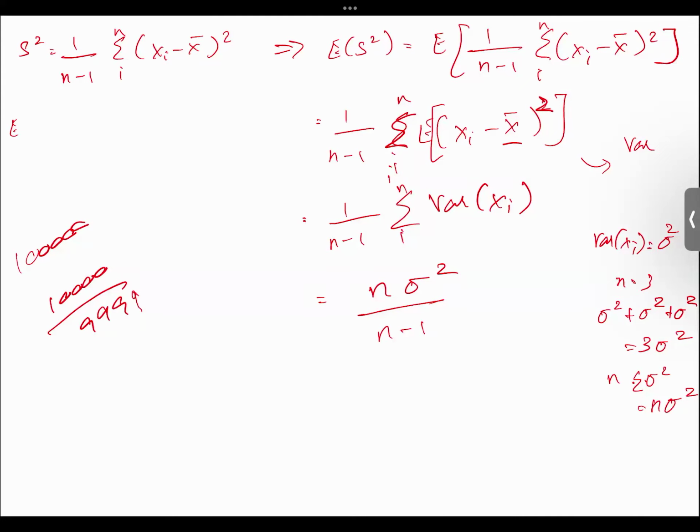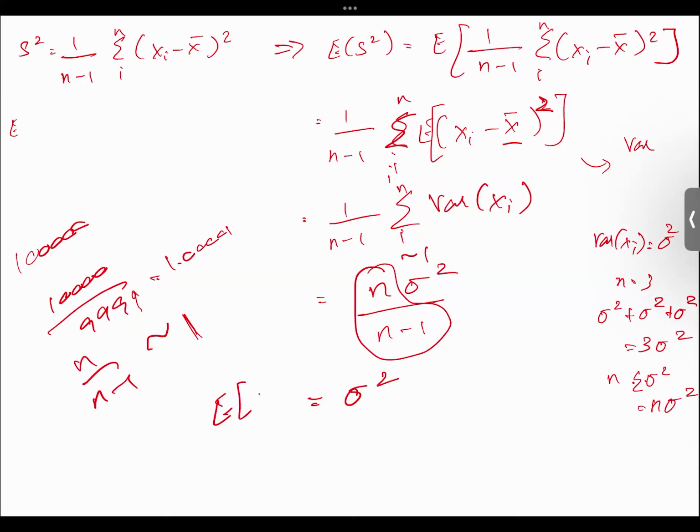So what is 10,000 divided by 9,999? It's equal to 1.0001. So for any large n, n by n minus 1 is approximately equal to 1. This term is approximately 1, so this whole term just becomes equal to sigma square. So the expectation of S square is equal to sigma square.